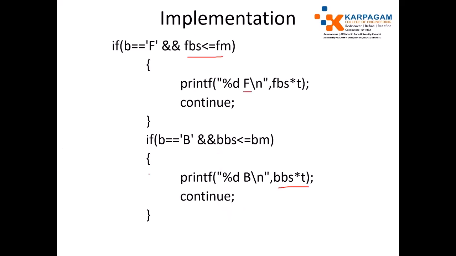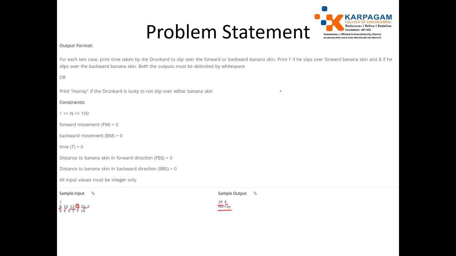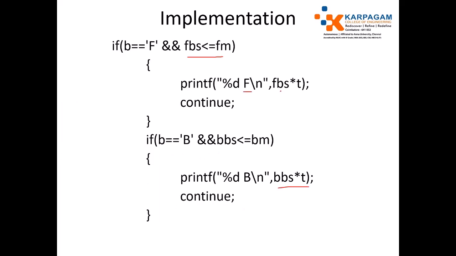Okay. So you have to check here. So ABS less than FM means just multiply ABS with the time taken, the distance to the banana skin in the backward direction with the time. Okay. And continue with the next iteration for receiving the next test cases. Similarly, for the backward direction just multiply BBS with T and print the data.